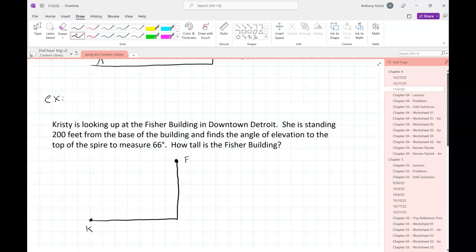Now, where am I going to put the 200? It says she's standing 200 feet from the base of the building. On the bottom here, right? Let's give this point a name. I'll just call it X or something. And it says the angle of elevation to the top of the spire is 66 degrees. So what angle would we be talking about there?